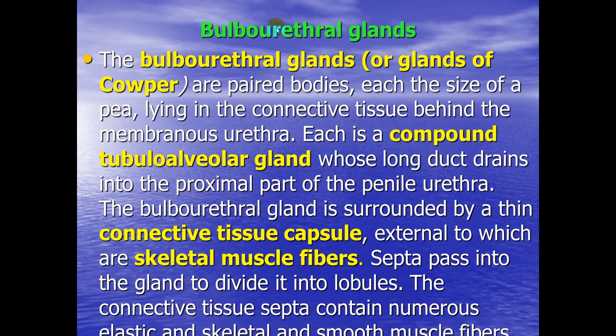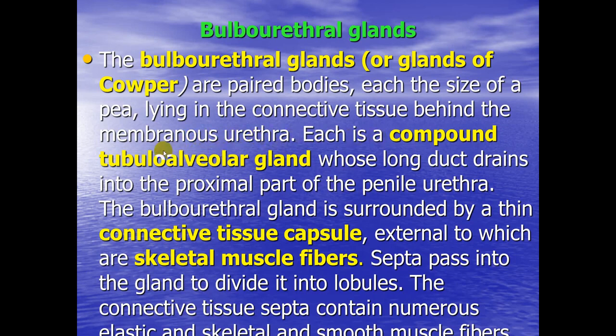And the last glands are the bulbourethral glands. Now it is really glands. The second name, glands of Cowper. They are paired bodies, each the size of a pea, lying in the connective tissue behind the membranous urethra. Really, they are small glands.